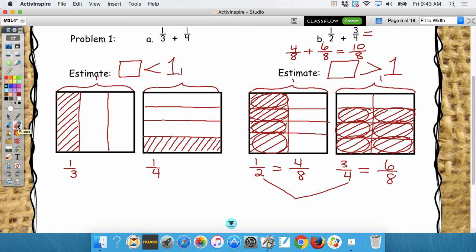Now this is what I want to show you. We said our estimate would be more than 1 whole, right? And we were correct. Dwayne did something really cool on the video that I want to show you to give you a visual. So 10/8 you cannot circle because we have to change that. We're going to change it from an improper fraction to a whole number and a fraction.